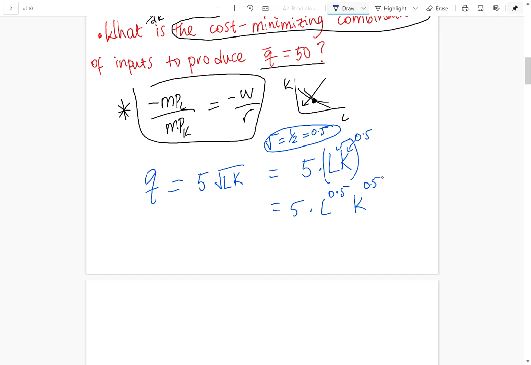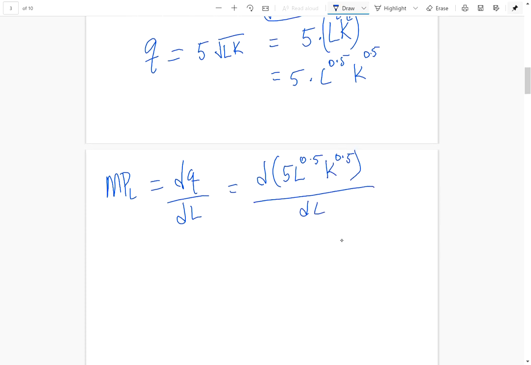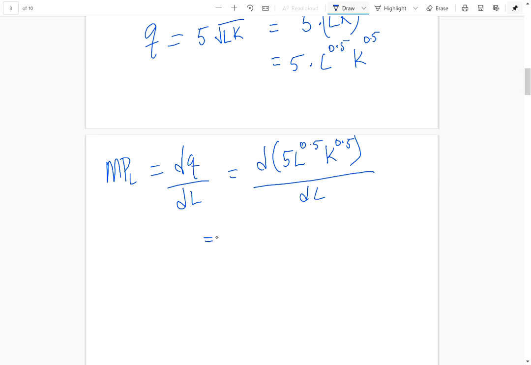Wonderful. All right, so MPL here, let's do that first, is equal to dQ dL, which would be equal to the derivative of 5 L to the power of 0.5, K to the power of 0.5 with respect to L. So we have 0.5 here, we'll bring it down and then subtract 1. We're just going to carry K like it's a number, just like we carried 5 through.